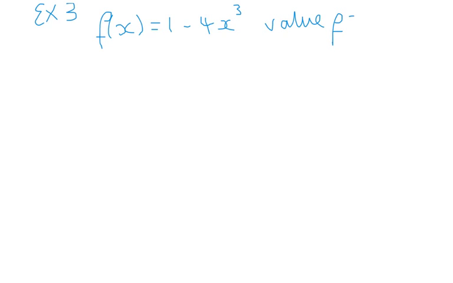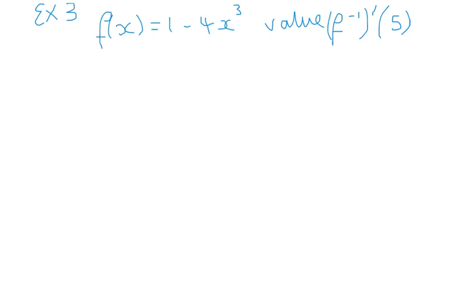Example 3. F of x equals 1 subtract 4x cubed, and we're going to find the value when we take the derivative of the inverse function when x equals 5.